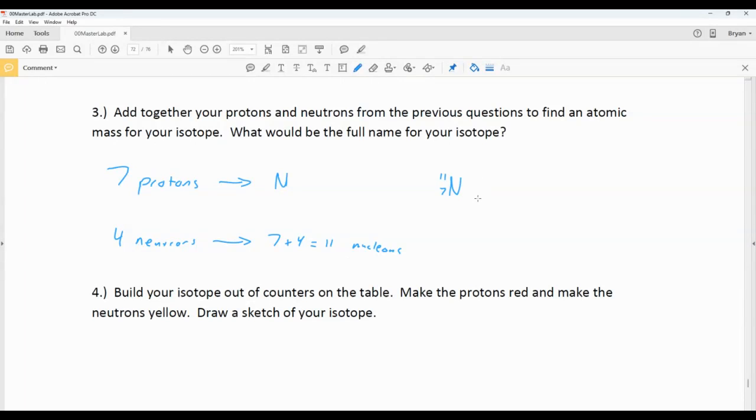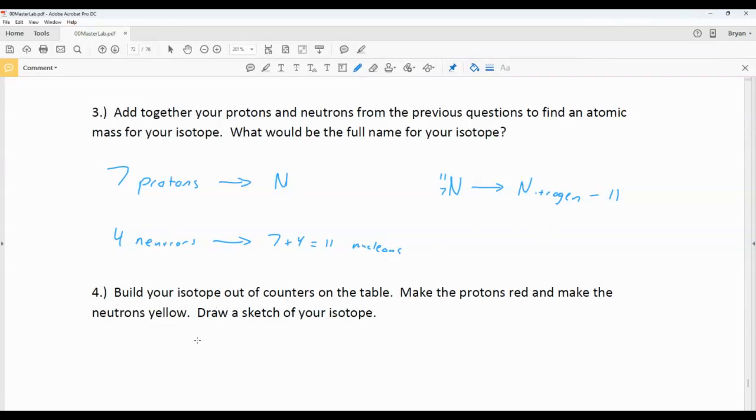But because that's very difficult to type up and put in answer choices and on formula sheets, a lot of times this is spelled out. So the full name of the element, nitrogen, and then 11 at the end is the isotope number. It tells us the total number of nucleons, protons and neutrons combined, and it's basically like the radioactive flavor of our nitrogen.